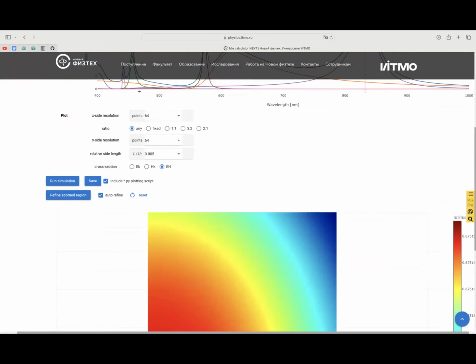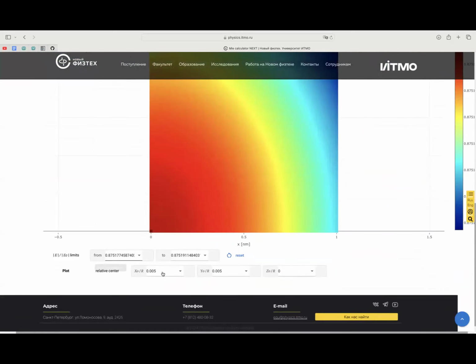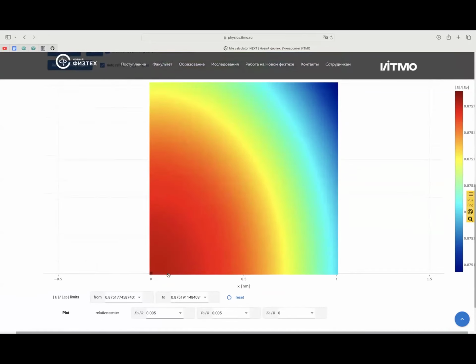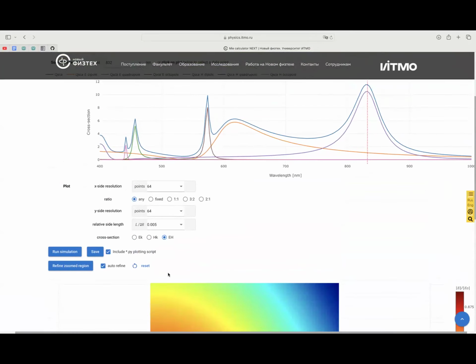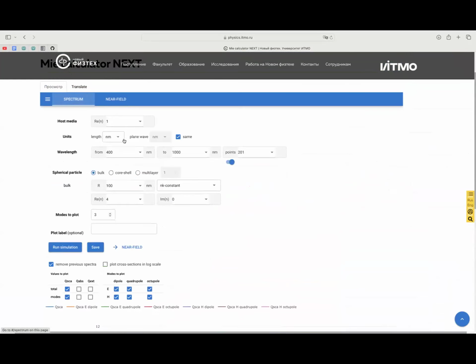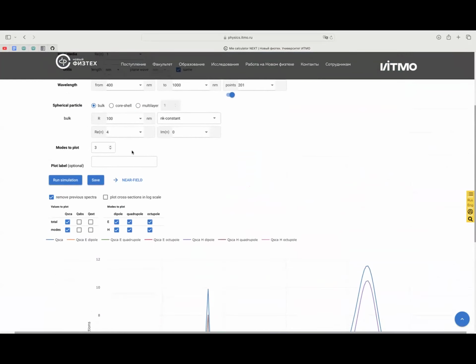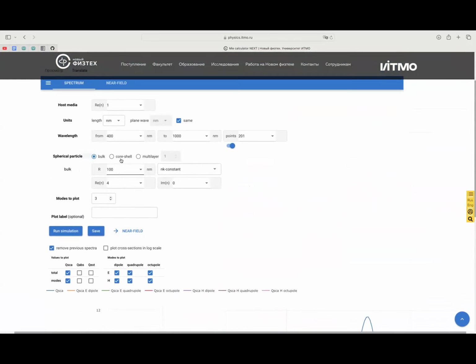Here we have the number of points, and we are plotting the electric field as a function of x, y, or x, y, z coordinates.